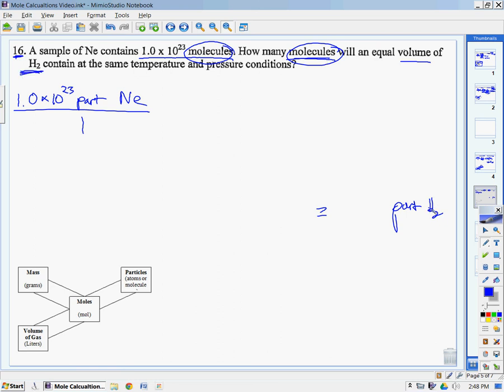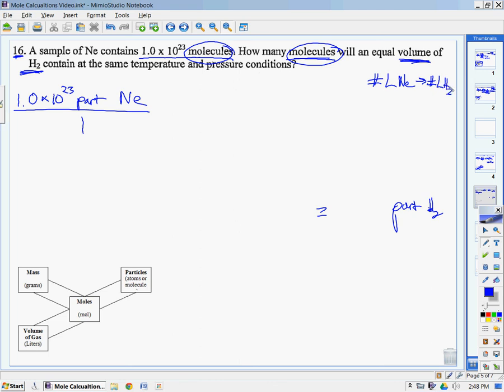So that's where the complication is. We have to go through volume. So an equal volume, so we need an answer for the number of liters of Ne, and then we're going to plug that back in, and that'll give us the number of liters of H2, and then we're going to solve back to particles of H2.